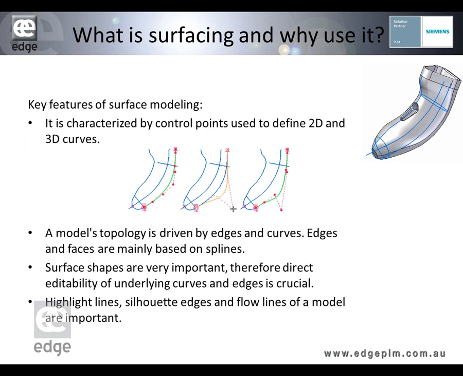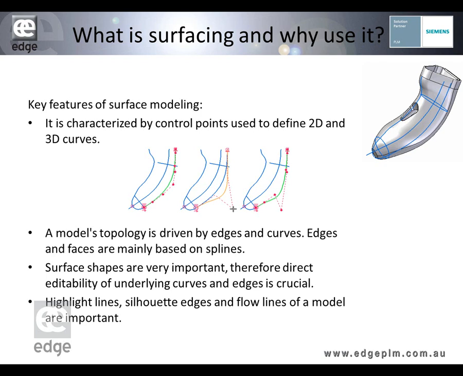Okay, what's different about surface modeling? What is it, and how do we get into it? The key thing with surfaces is that characteristically they're driven by curves, and these curves are controlled by control points and polygons to control the shape.